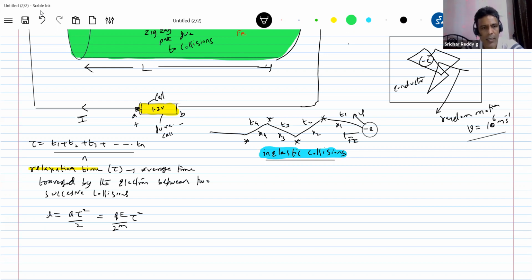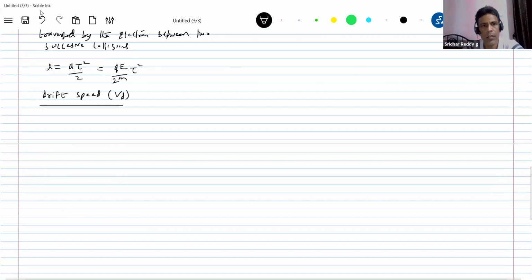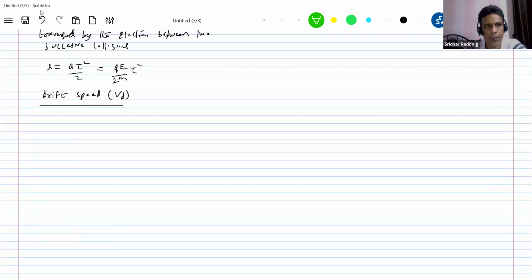Then I'll define a quantity called drift speed. There's one more quantity called drift speed. The symbol is v_d. So how to define this speed here?